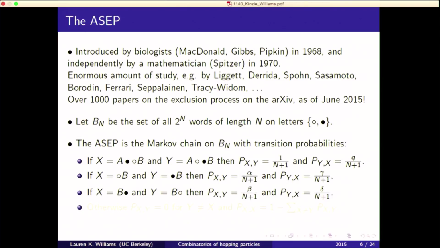And then similarly, if x is a word with a particle at the far right, and y is the same word, but that particle has hopped out, the probability of going from x to y is beta over n plus 1, and of going in the other direction is delta over n plus 1. And in any other situation, the probability of going between two distinct states is 0, and the probability of staying in the same place is exactly what it has to be, namely 1 minus the sum of the probabilities that one exits from that state.